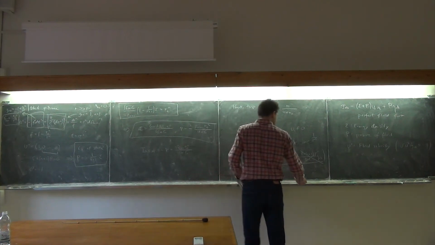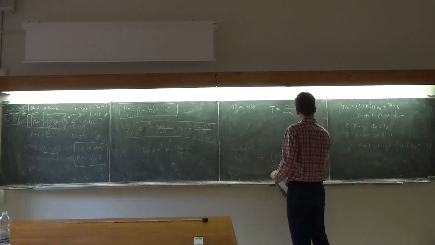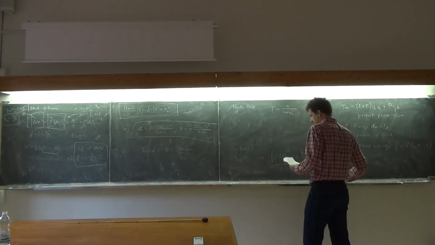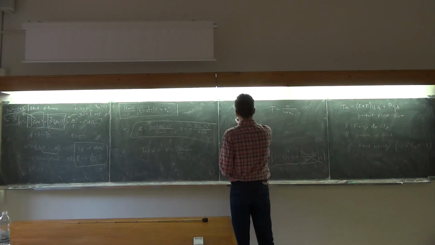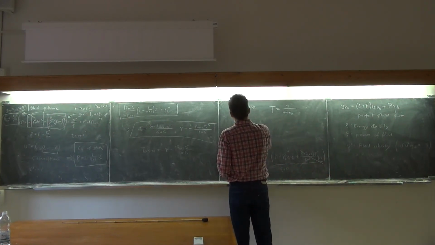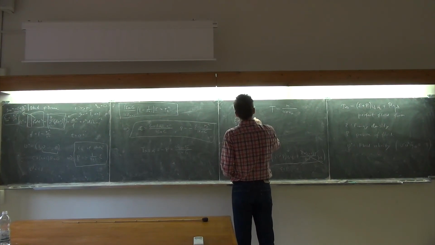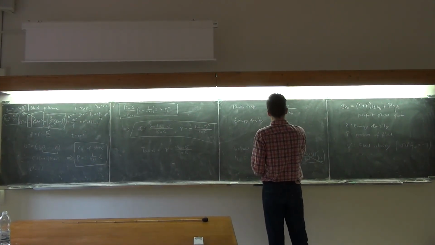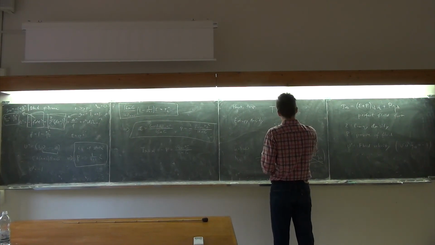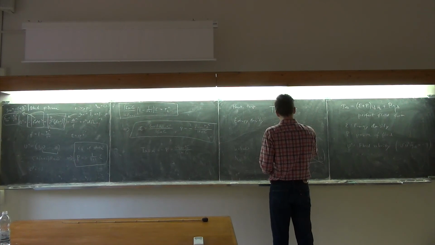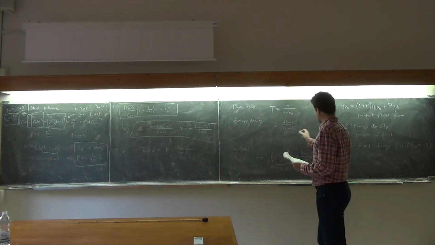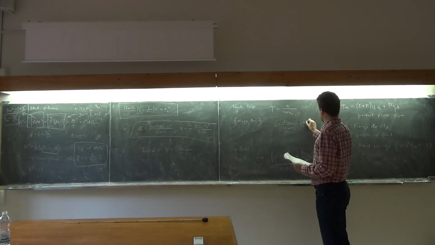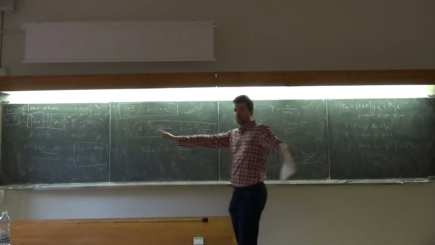Okay, so you have a Hawking temperature, then you have an entropy density, so now it's a density because it's the entropy per volume element of the p-brane volume.